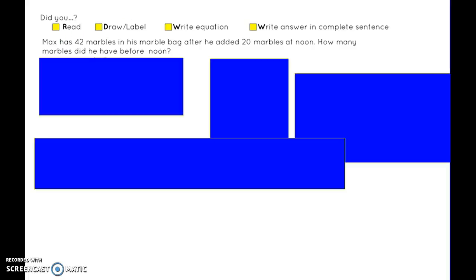I know that I have the number 42 and I have the number 20. Then when I look to see what the problem wants me to figure out, it wants me to figure out how many marbles did he have before noon. To solve this, let me check off read.